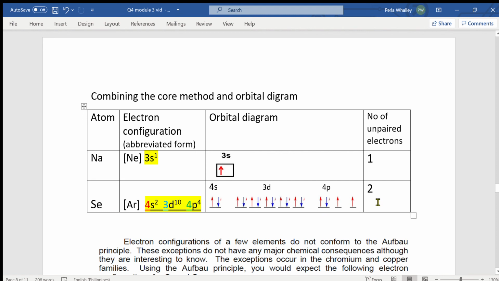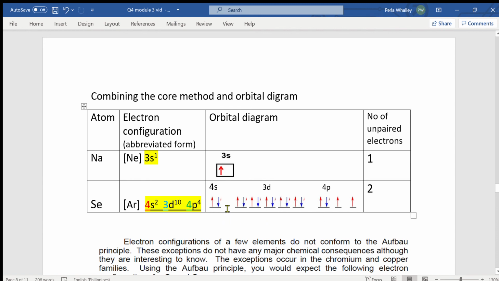Now, you might get confused why there are boxes and why there are only underlines. Okay, so boxes are very clear, you can easily identify now where is the 4s, the 3d, and the 4p, or the s, the d, and the p.